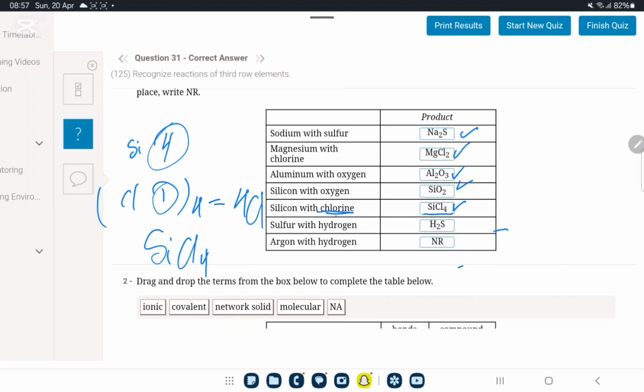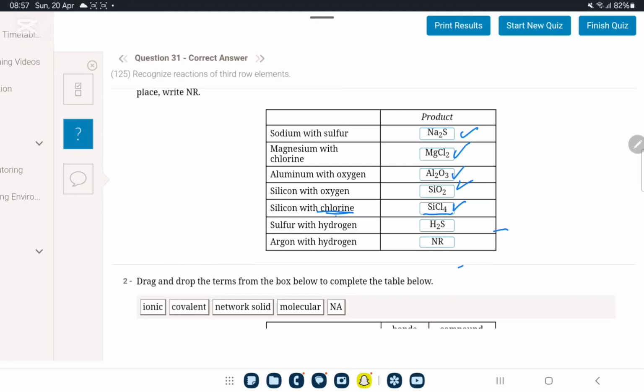Now sulfur with hydrogen. Sulfur is in group 6, so it needs 2 electrons and it can share 2 electrons. And hydrogen needs 1 and can share 1. So how many hydrogen do we need for S to meet the requirements for 2 electrons?